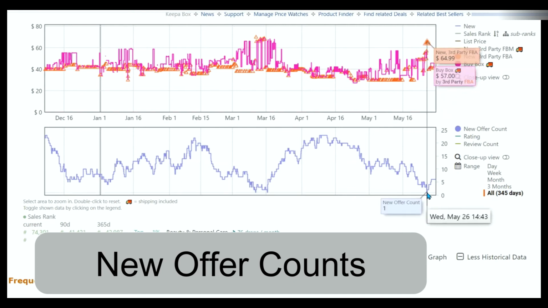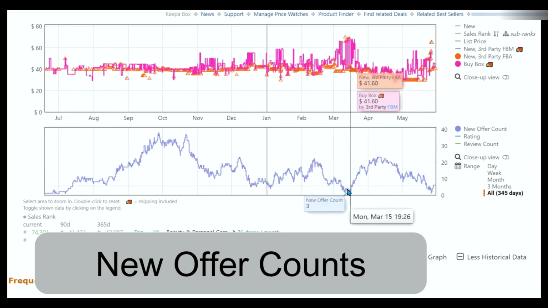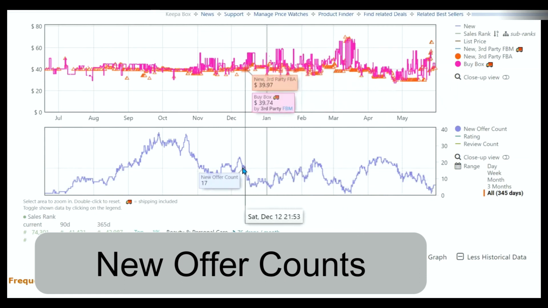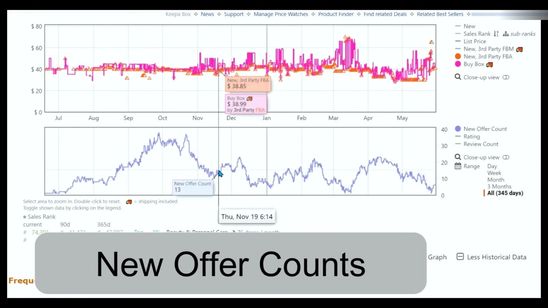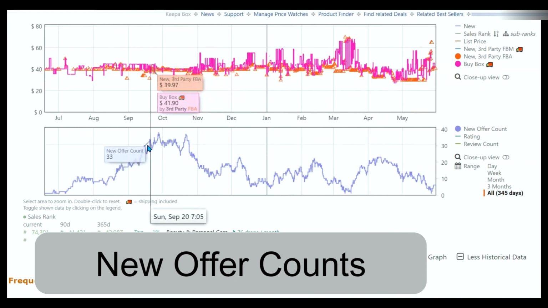If you expand out to all 345, you can see the new offer count from the beginning. It was only 1 person on June 27th, and it got up to 37 sellers on September 28th, and then it dropped down to 4 people on January 4th. So there's volatility.